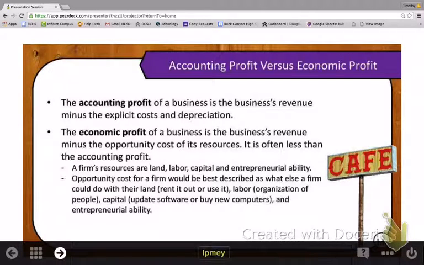Economic profit, because it includes both explicit and implicit costs, would be determined by taking the total revenue of a firm and subtracting the explicit costs and also subtracting the implicit costs. What you're giving up, the money that you could bring in by using your resources, land, labor, and capital for other income, rather than operating your business.